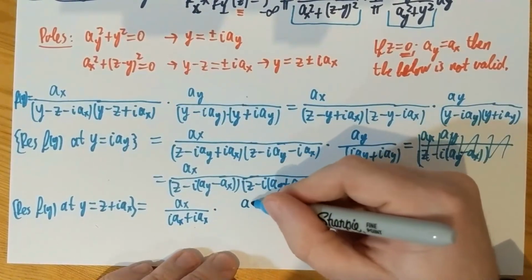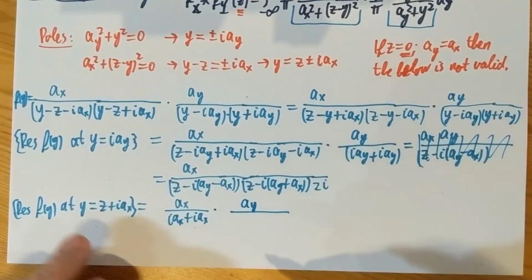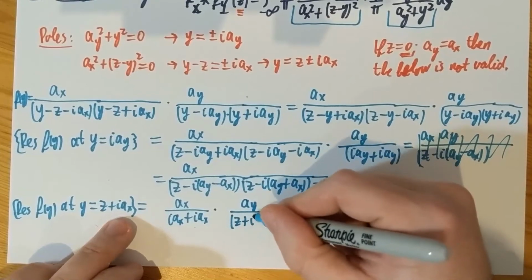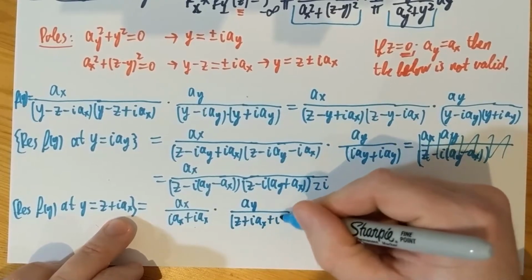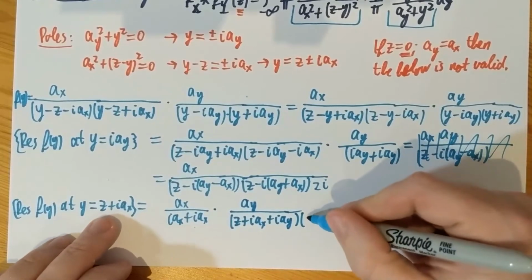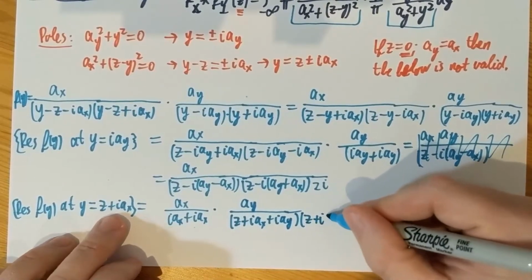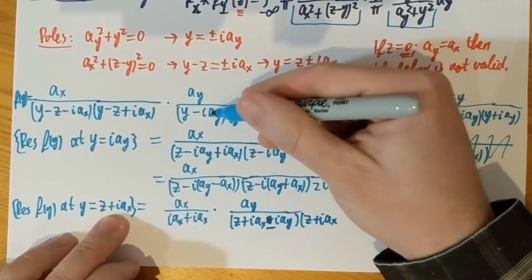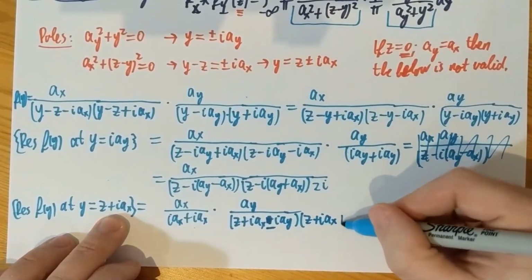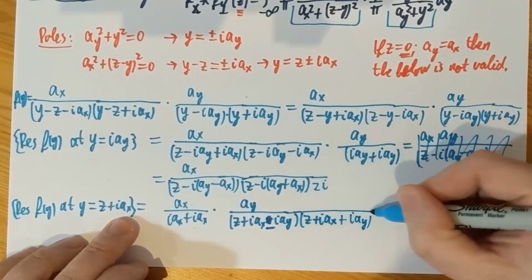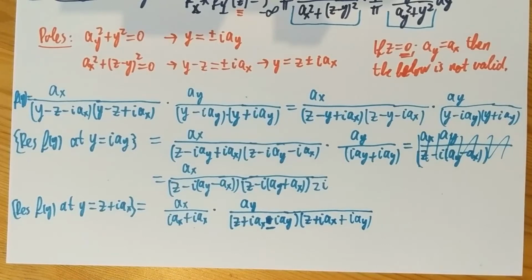At the second term, I'm just going to plug in whatever I have there, so it's z plus iAx plus iAy, and then z plus iAx, this was a minus, sorry, this was a minus here, this is going to be a plus, okay, and that's all I have here.